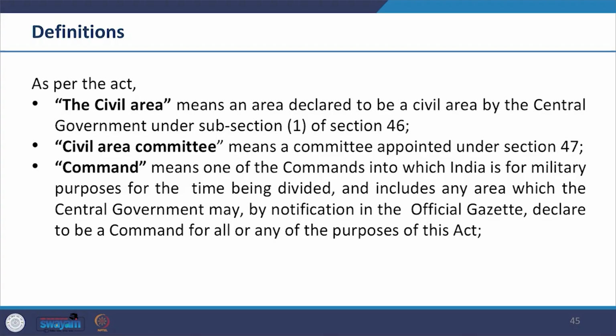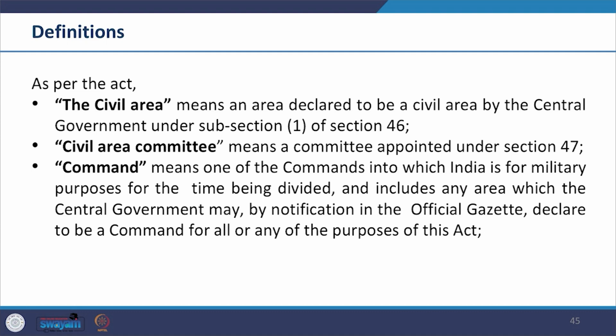So briefly looking at the selective definitions and delimitation of the cantonment, we see the civil area. You must have heard about civil area. So civil area as per the Act means an area declared to be a civil area by the central government under the subsection you're looking at.